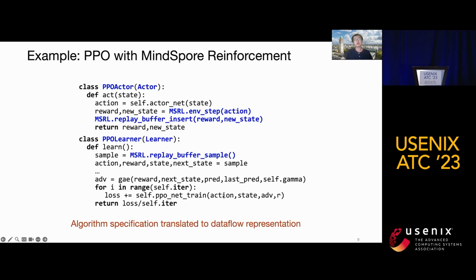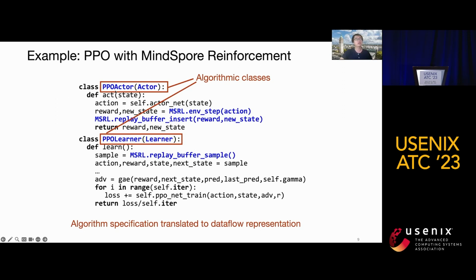So let's first have a look at how to use MSRL to develop algorithms. In this example here, we developed a PPO using MSRL. MSRL provides two kinds of APIs. The first is what we call algorithmic classes, which are base classes that the user needs to inherit to develop their own algorithmic component.